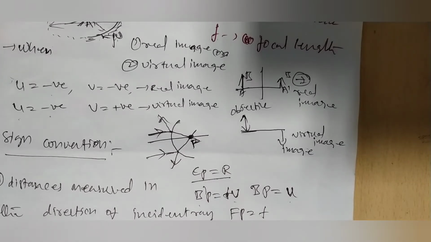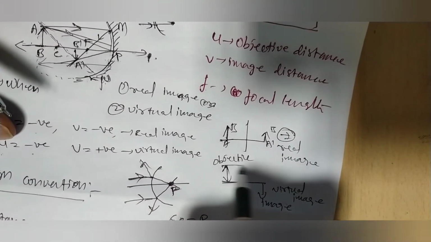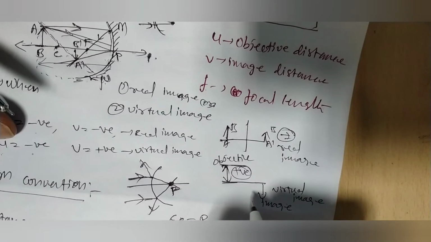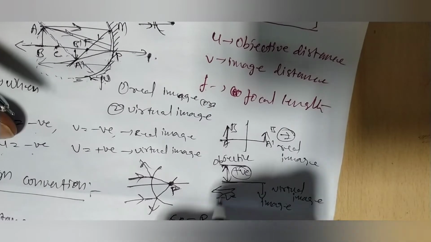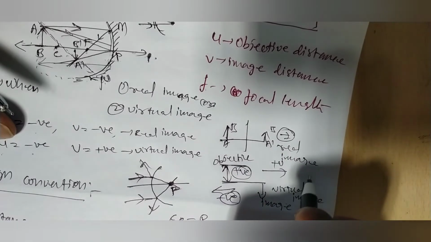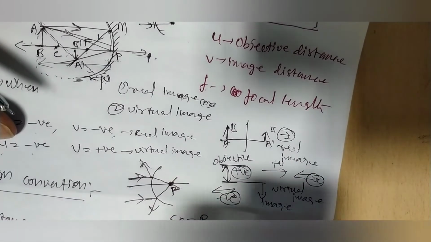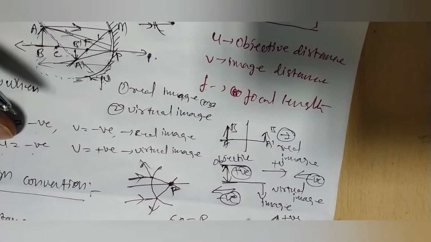That means a distance in the direction of the incident ray is taken as positive. In the opposite direction, it is negative. The forward direction is positive, and the opposite direction is negative.